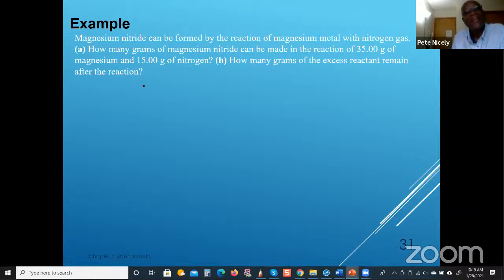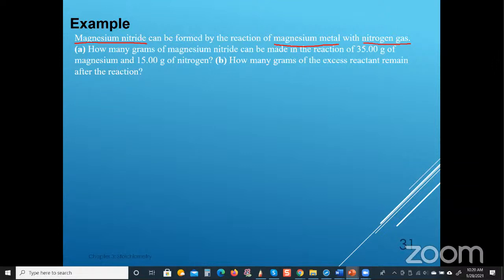All right? Okay, so we have some information given here. It says that magnesium nitride can be formed from the reaction of magnesium metal and nitrogen gas. So what would be the formula for the reactants in this particular problem? Magnesium plus nitrogen equals magnesium nitride.